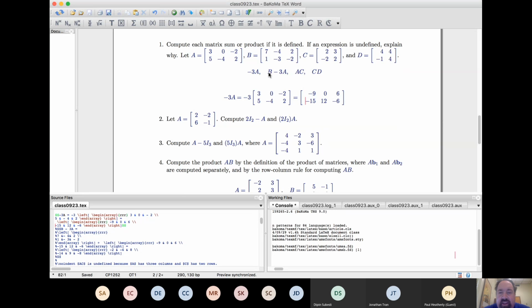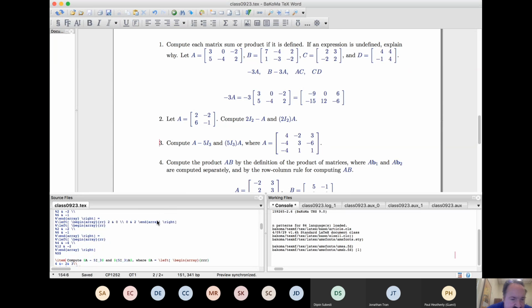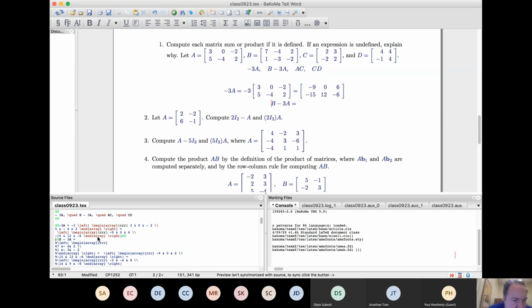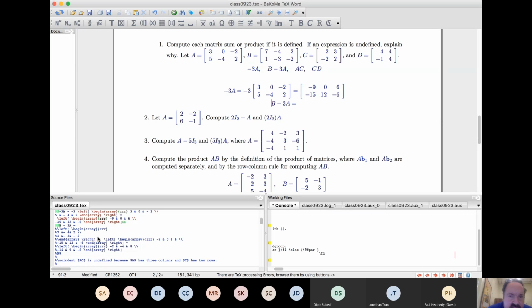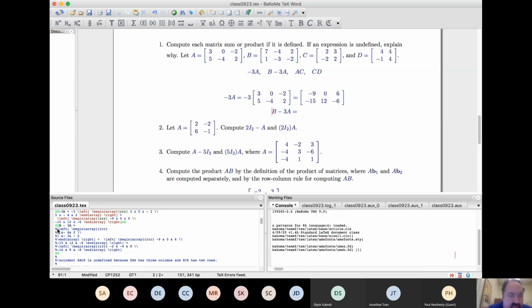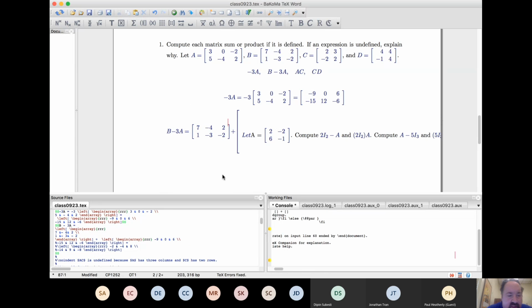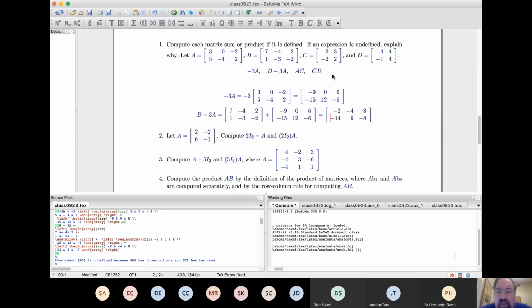So here I have B added to -3A. So first I'll throw in B. And then now here we have B plus the matrix -3A, but that's what was computed from the last part.